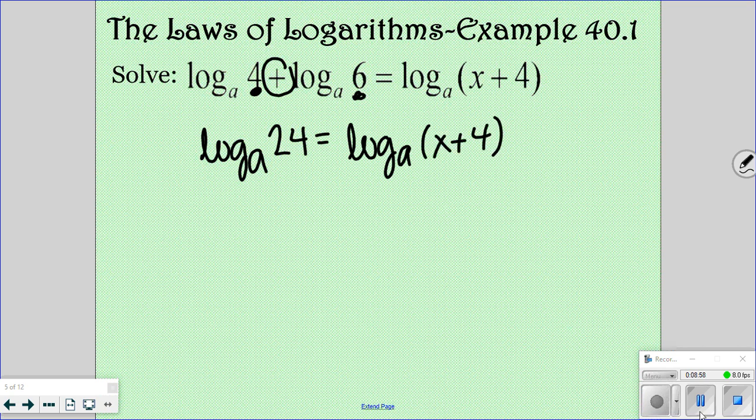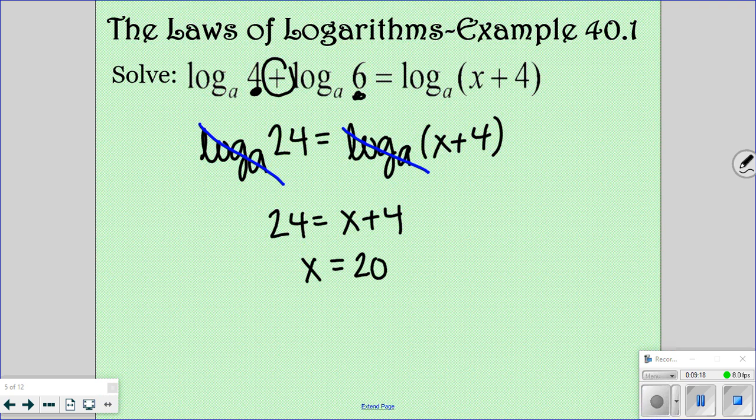Okay. From here, now that we have one log on each side of our equation, we can actually cancel the log base a, so that we just are left with 24 equals x plus 4. And then if you solve for x, x would equal 20.